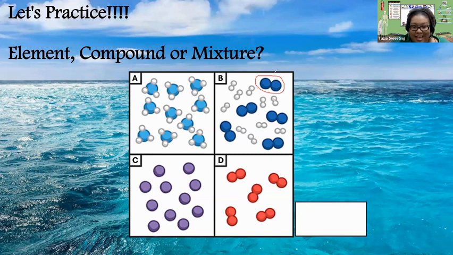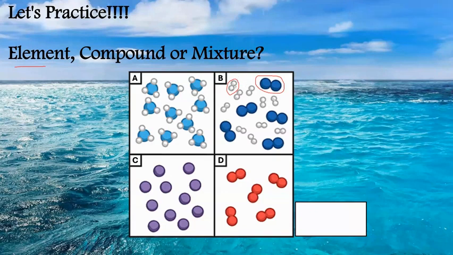As long as it's the same type of atom, it is still classified as an element. What is this white one here? How can we classify that? It is a molecule or element. You can use molecule or element, okay? Right now we can just stick with element, but if I ask you to give me another name, you can say molecule. So the white one is an element.